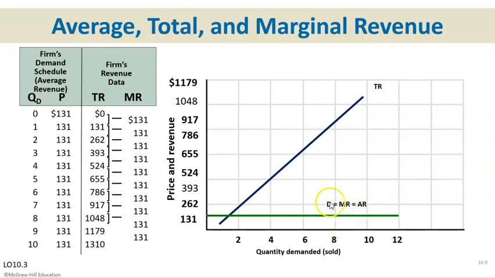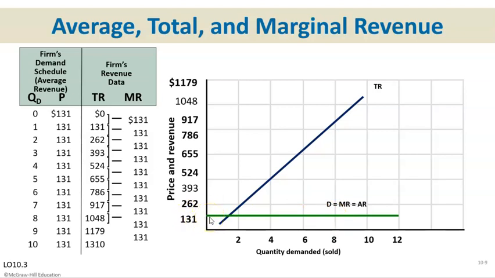But what you want to know here is they're never going to give you this line. They're going to tell you, so they'll say, price is 131, and then you're going to draw the demand curve or the marginal revenue curve. All you have to do is draw a straight horizontal line right across at 131.